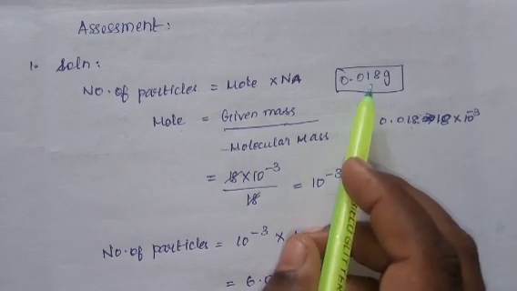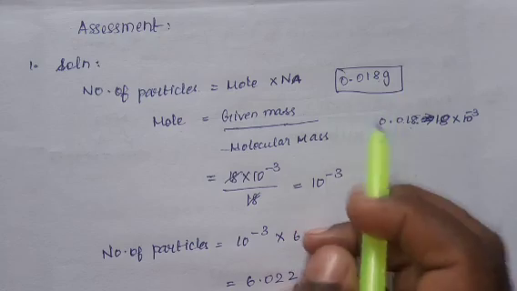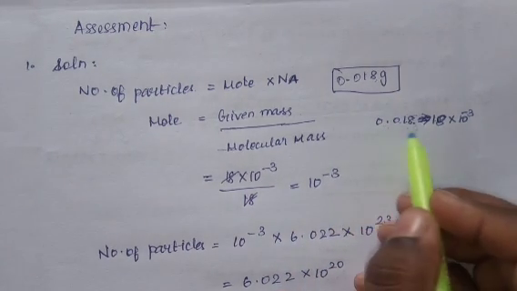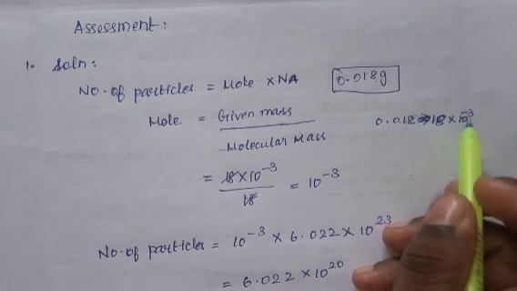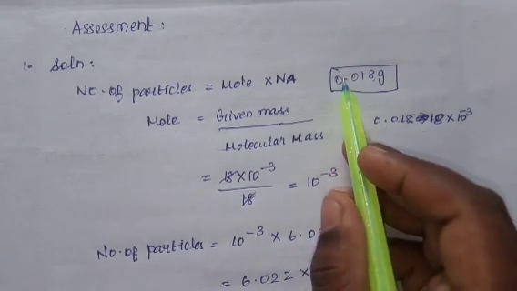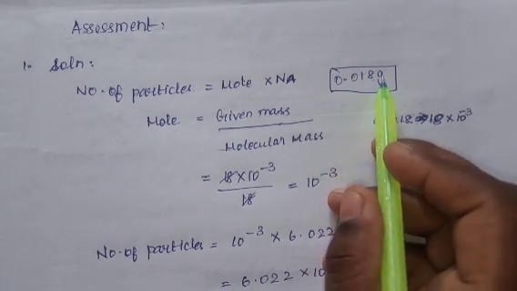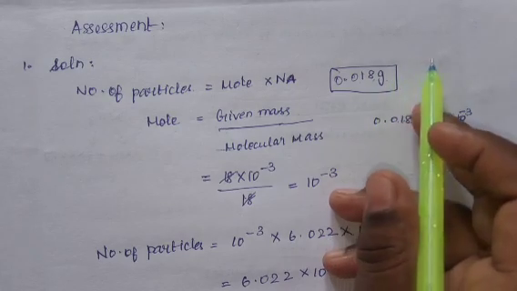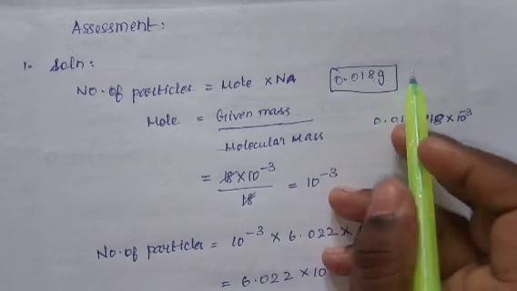What they have given, 0.018, can be written as 18 into 10 power minus 3. If we move the decimal point to this side, we get a negative symbol.